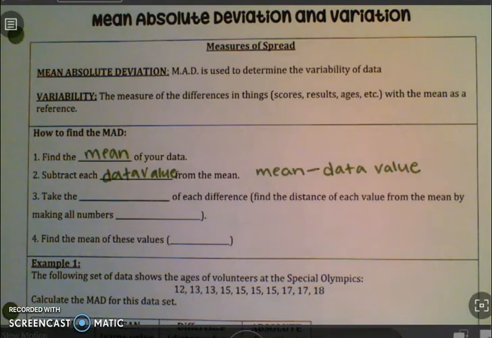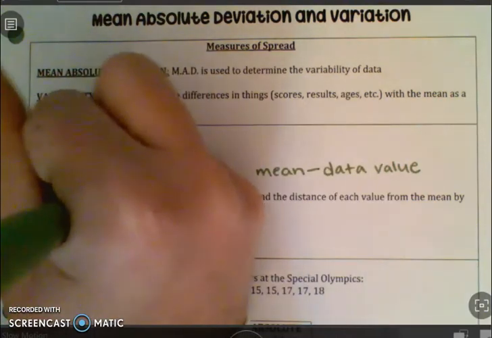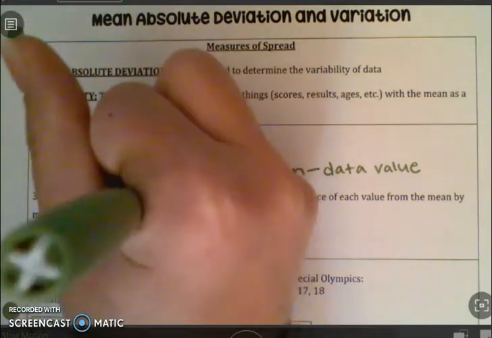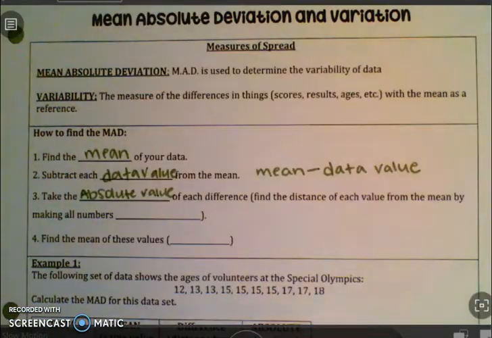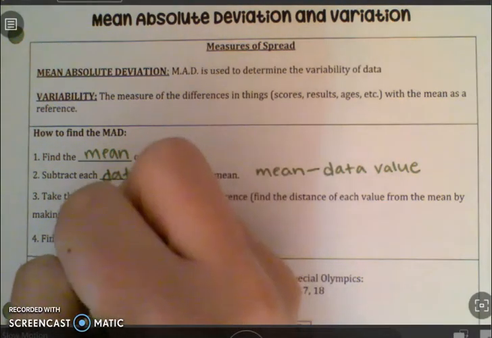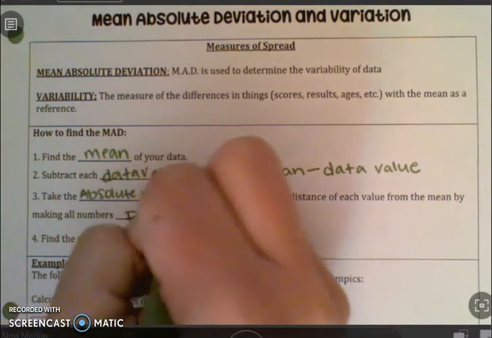Then you're going to take the absolute value of each difference, and that's finding the difference of each value from the mean by making sure all the numbers are positive.